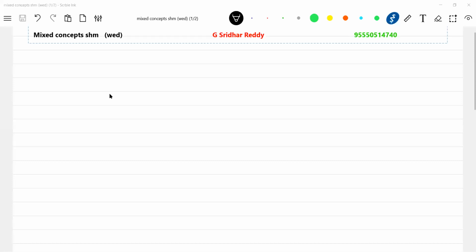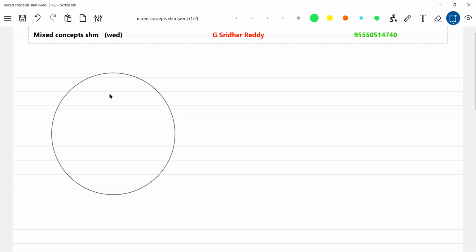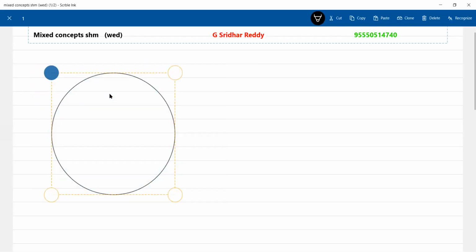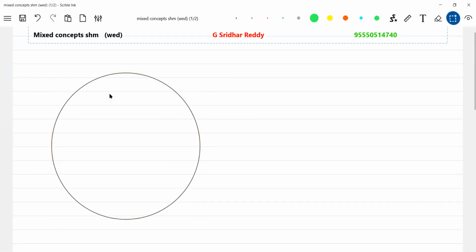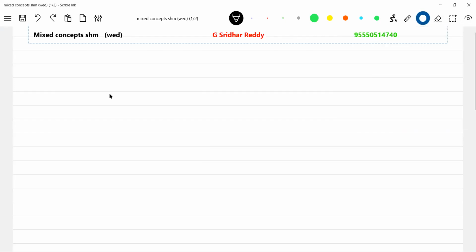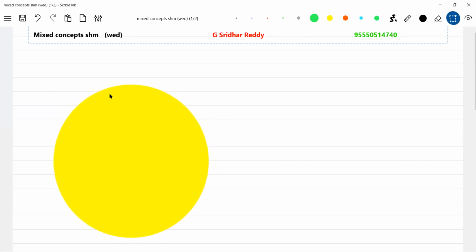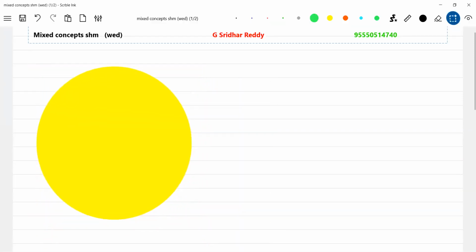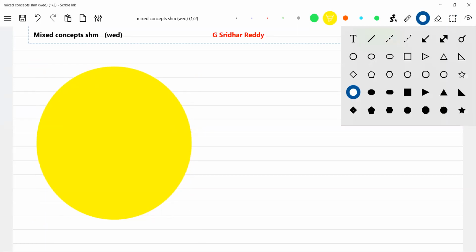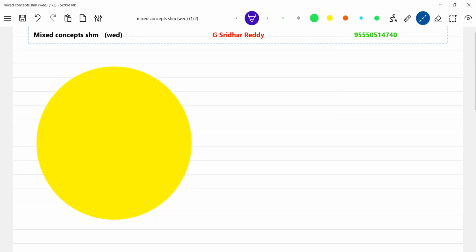Okay, well, first we'll take the SHM with the gravitation. So if you can recollect the idea of the gravitation. So this is a tunnel.